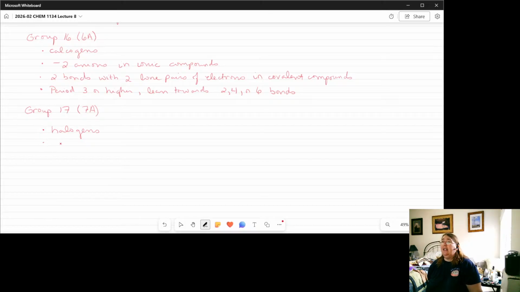Halogens are -1 anions always in ionic compounds. And they tend to be one bond with 3 lone pairs of electrons in covalent compounds.